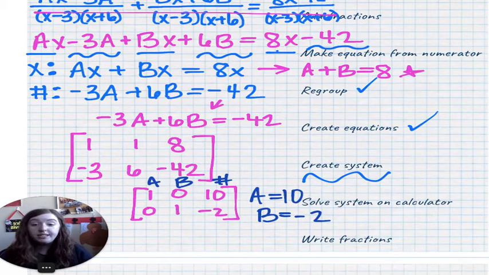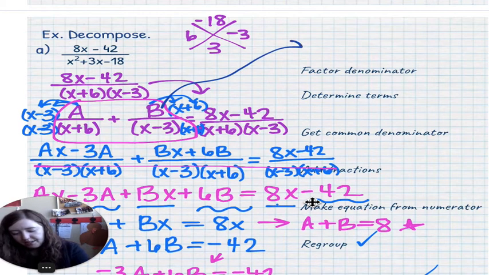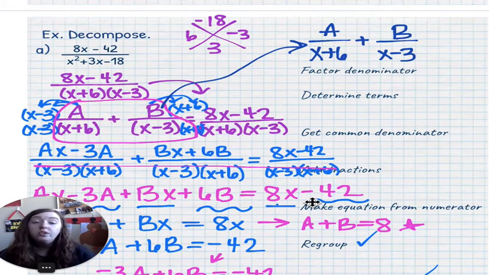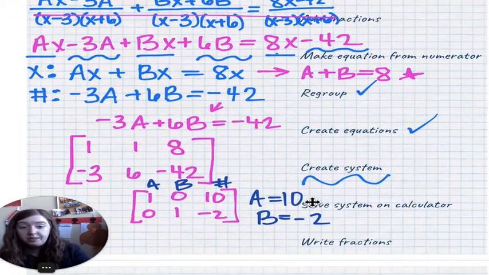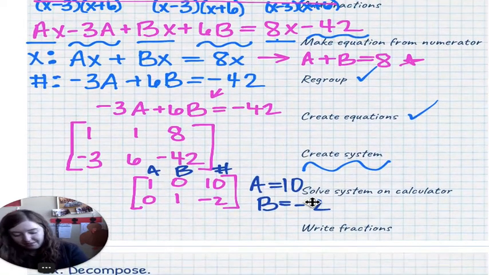Well, remember, we started out with this decomposition of, here I'm going to write it separately real quick, A over x plus 6 plus B over x minus 3. Well, now we know what A and B are, right? A is supposed to be 10 and B is supposed to be negative 2. So now we'll just write our values in for A and B, and we're done.